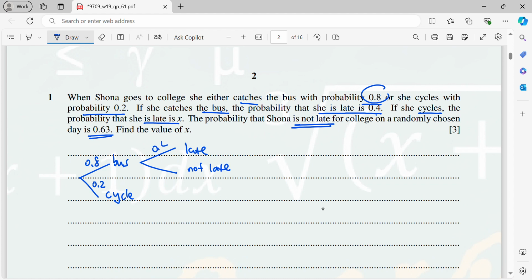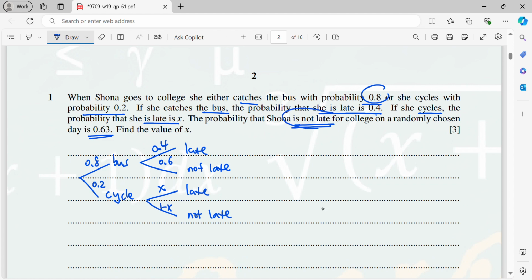So 0.4 late means not late will be 0.6. Now, if she cycles, the probability that she is late is x. Then not late, because we know that total probability is 1, is 1 minus x.